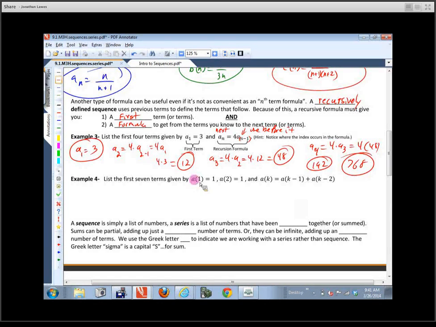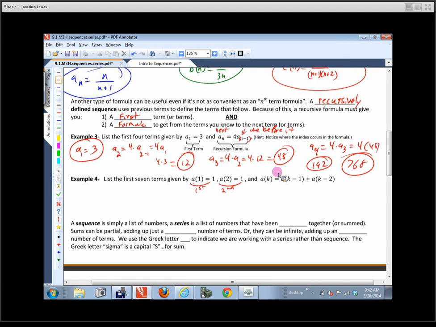Okay, take a look at this one right here. This isn't using the index idea. This is using the idea that a sequence is a function. So when I say a of 1, what does that mean? First term. A of 2, second term. A sub k.